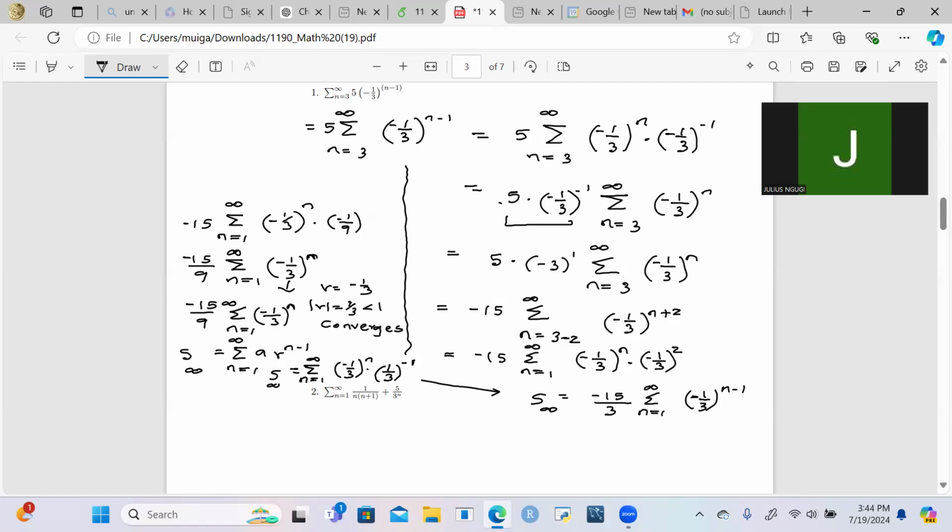So you have the answer as minus 15 over 3, and then the sum, the first term a is 1. So you have 1 over 1 minus the common ratio, minus minus a third, we get 1 plus a third.